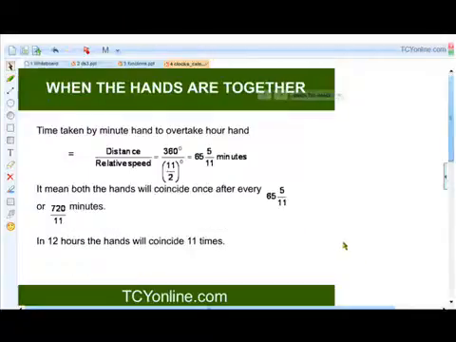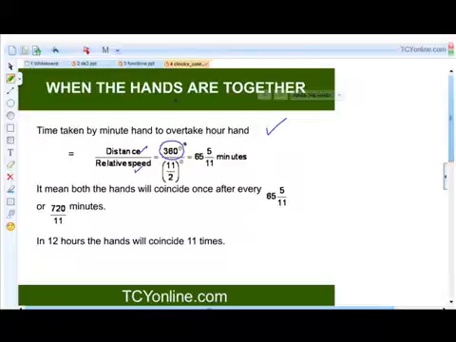Now let's look at after how many minutes both the hands of a clock will coincide with each other. We all know that the time taken by the minute hand to overtake the hour hand is given as distance over the relative speed. The distance is 360 degrees, while the relative speed is 11 over 2 degrees.